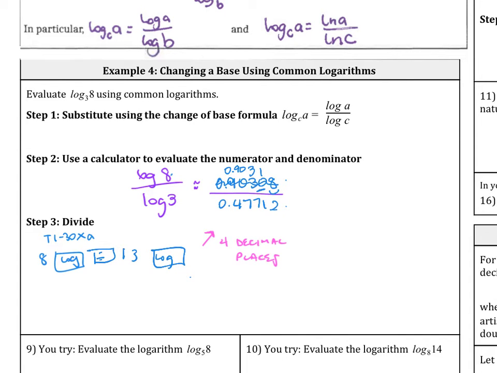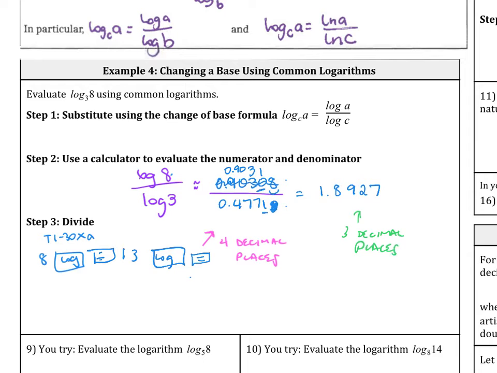Because the next digit is a 2, this number stays the same. So again, 4 decimal places, and here we are. Then what's cool is you press equals, and it'll tell us the answer. When you press equals, you will get 1.892, and I'm going to put 7. At this point right here, you need to round to 3 decimal places.